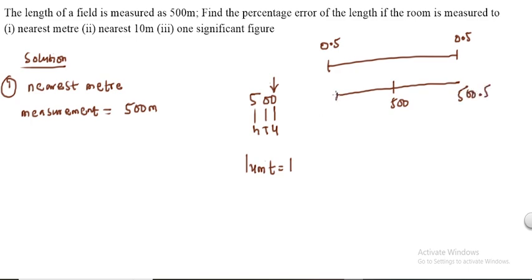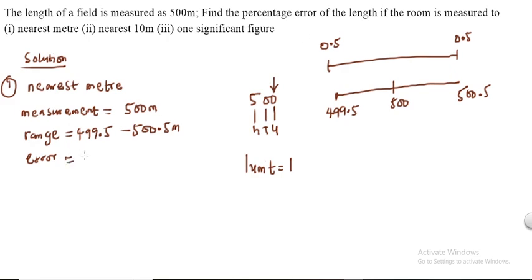If I subtract it from here, I have 499.5. So my range of values to the nearest meter for this measurement would be 499.5 to 500.5 meters.